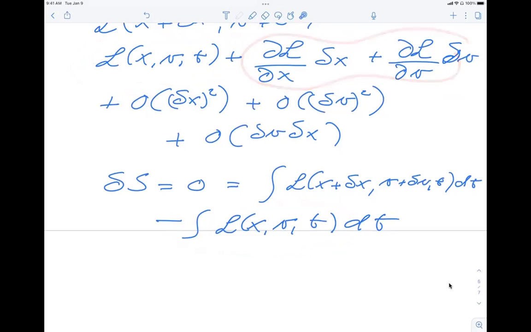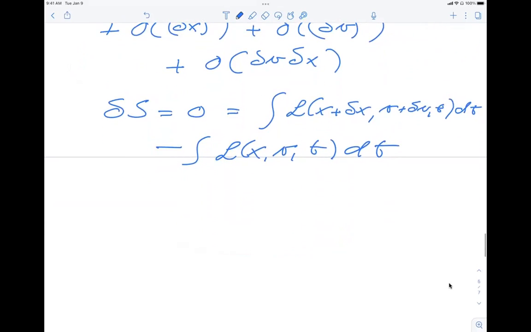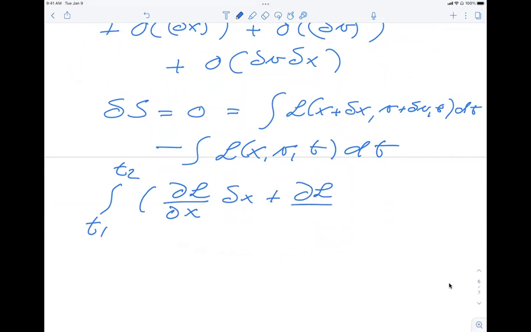So what we get is an integral which we want to optimize, given by a first derivative with respect to x for this delta x, plus this partial derivative of the Lagrangian, or this function we are looking at, as a function of the v. This is multiplied with dt, and we want to drive this quantity to 0.